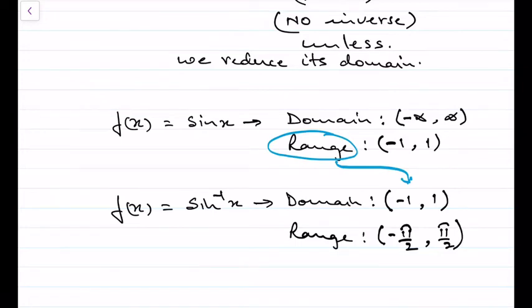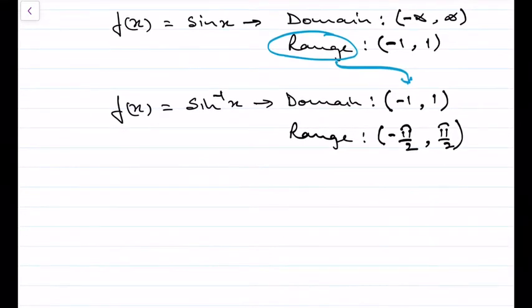So to find the domain and range of an inverse function, we just switch x and y, so that the range of sin x will be the domain of sine inverse x, and the reduced domain of sin x will be the range for sine inverse x.